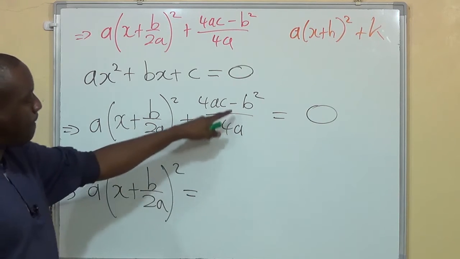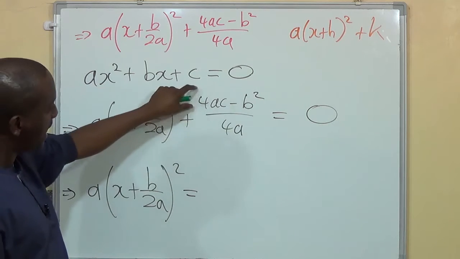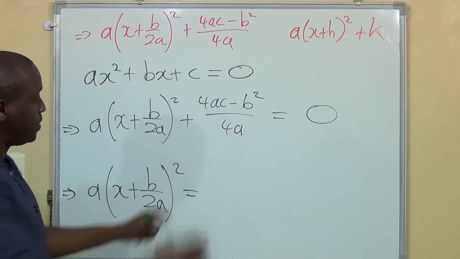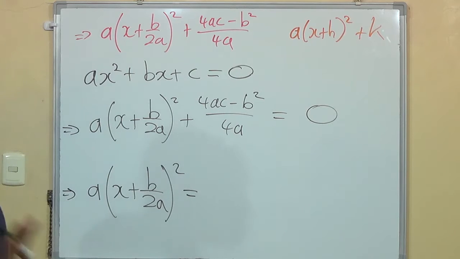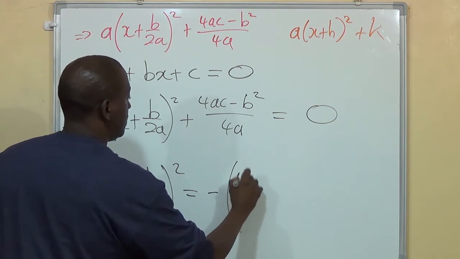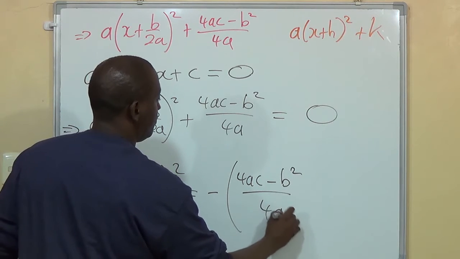So minus b squared will now become plus b squared, and plus 4ac will now become minus 4ac. So when we carry that across, I will take the long route just for the sake of explanation, this will be minus into 4ac minus b squared over 4a.